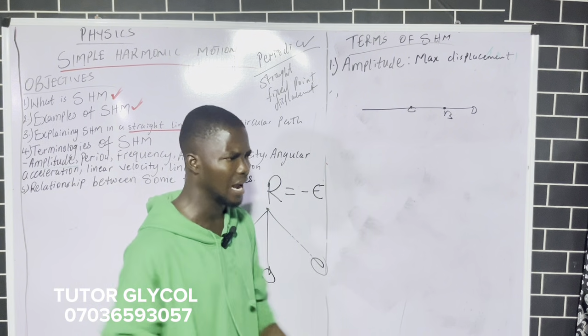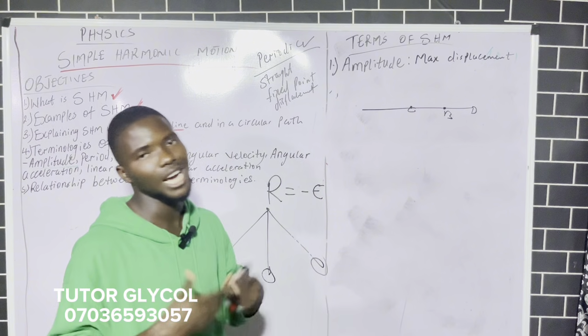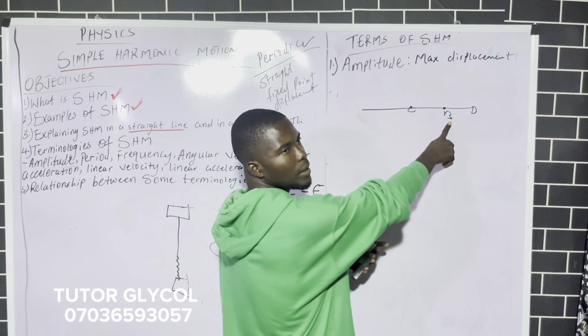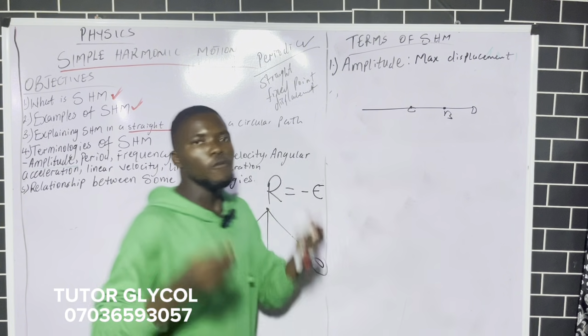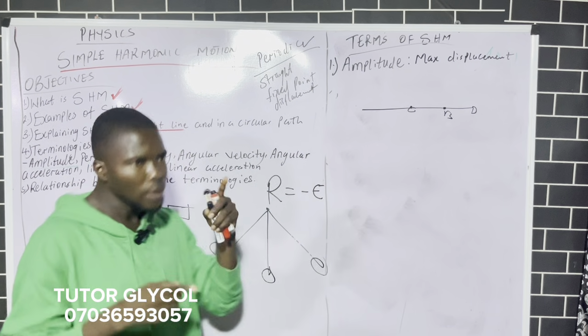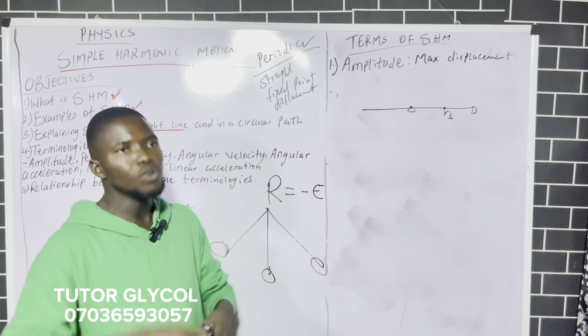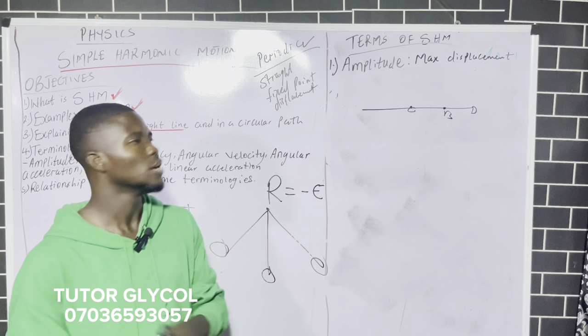Don't be confused. It displaces 3 centimeters, that is it moves from here to here, and it has a maximum displacement of 5 centimeters, that is it moves from here to here. If they give a displacement of 3 and 5, you know that 5 will be the maximum displacement. I'm just giving an illustration here.